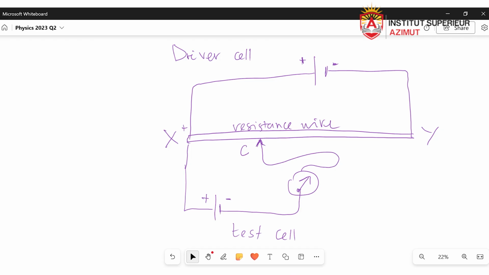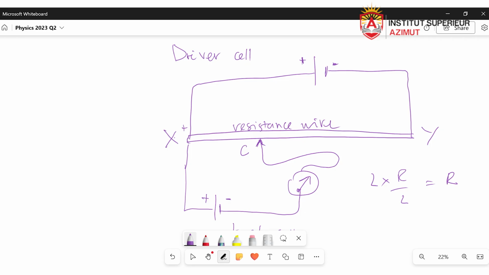So when C moves from the left side towards the right, the potential difference between X and the point of contact C is going to increase because the length from X to C is increasing. We know that on a resistance wire, the resistance of a certain length is the length times the resistance per unit length.